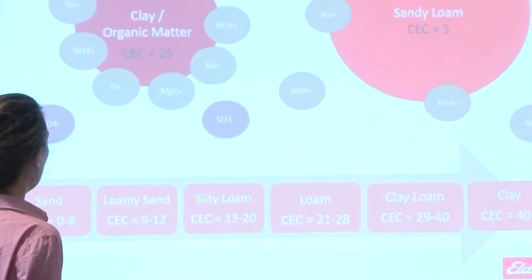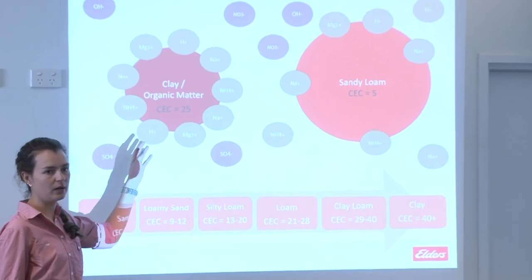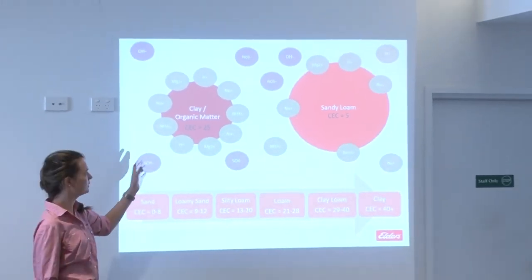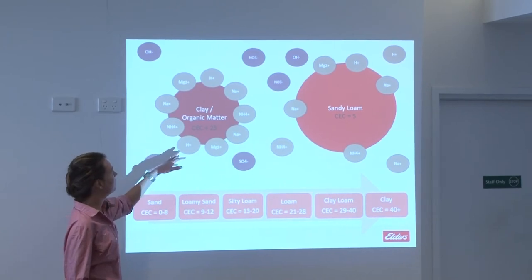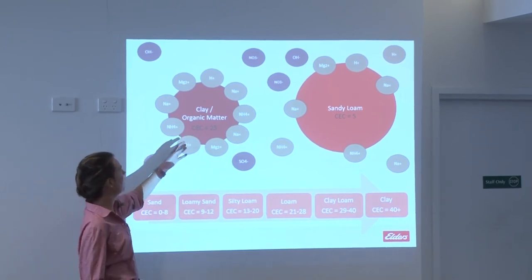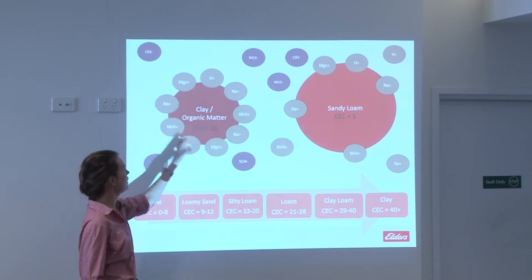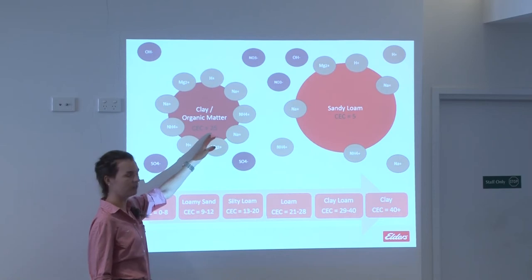So clay and organic matter particles are smaller in size compared to sands, however they have a lot more charge. So you can essentially see here I've put on a heap of different positively charged elements around the clay or organic matter, which has a CEC of 25.